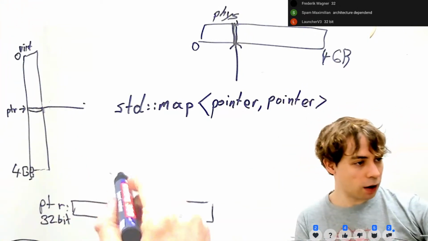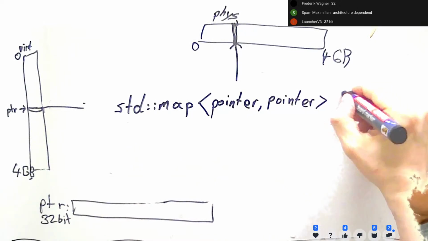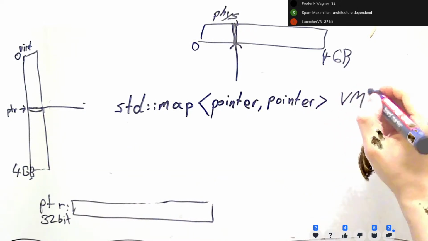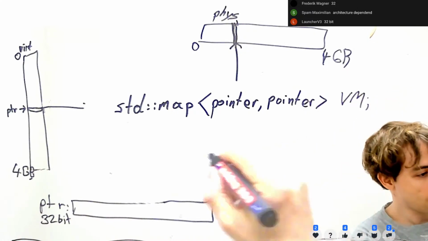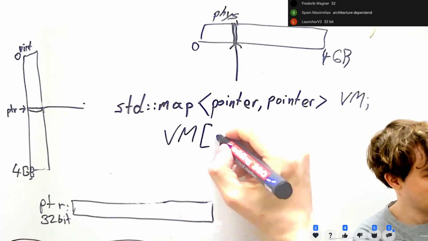And then we could say something like, this map is called virtual memory. VM at offset. And here we can put our pointer.